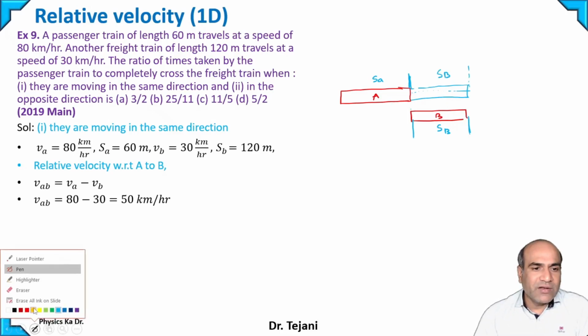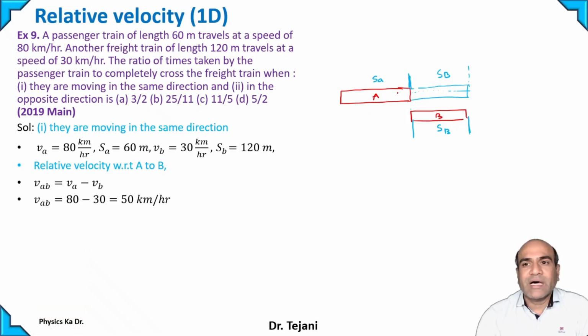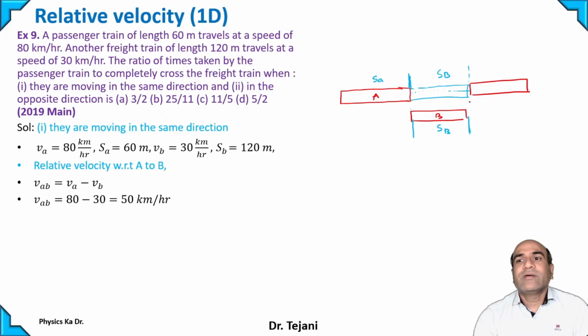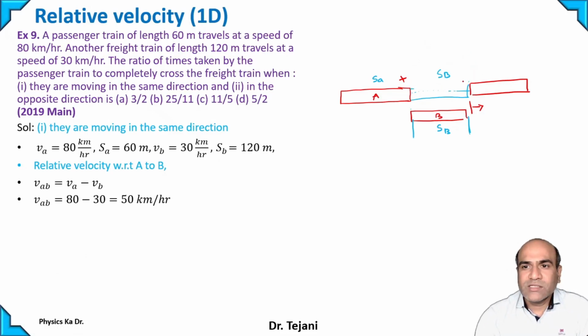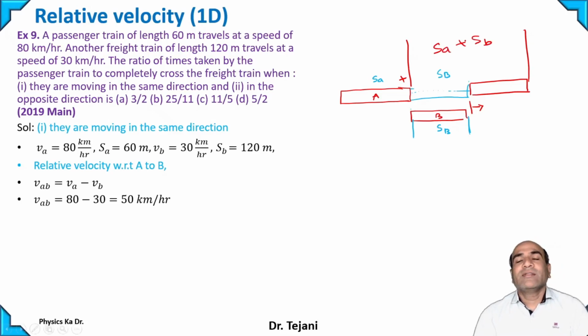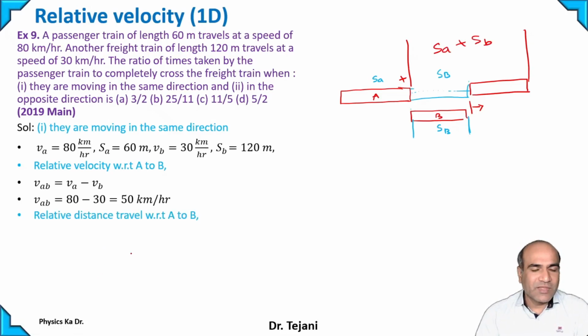But train A completes the overtake only when it goes completely outside of B. If you take the distance from one end to the other end, it is equal to SA plus SB. This is the total distance travelled in this case.